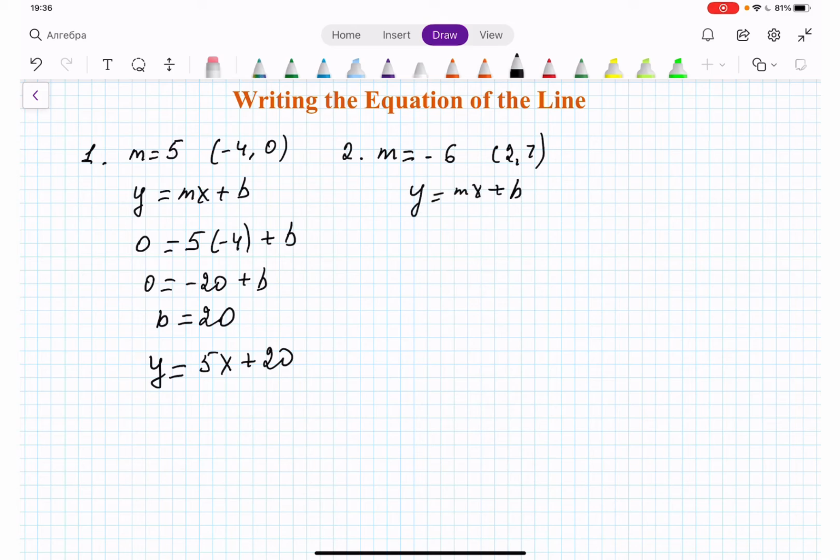So plugging in, y is equal to 7, m is -6, x is 2, times 2, and plus b. We need to find b, right? 7 is equal to -12 plus b, and b is equal to +12 plus 7, +19. So from here, y is equal to -6x plus 19, our b.